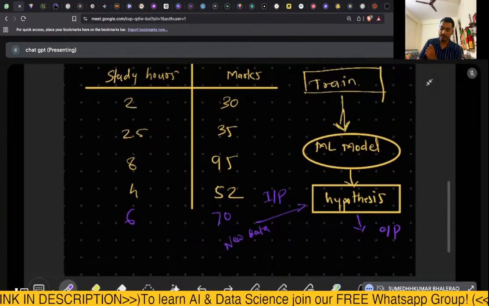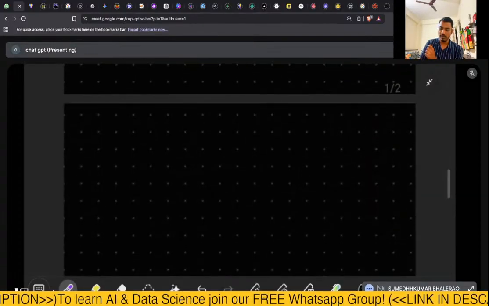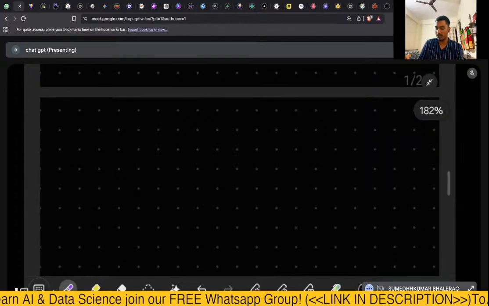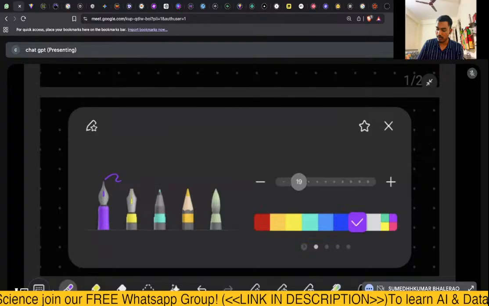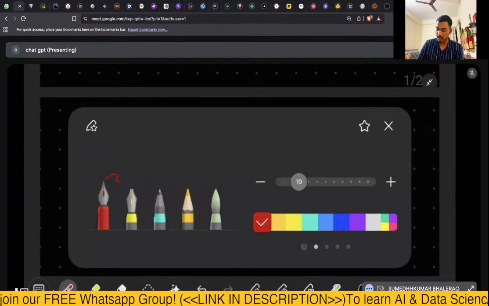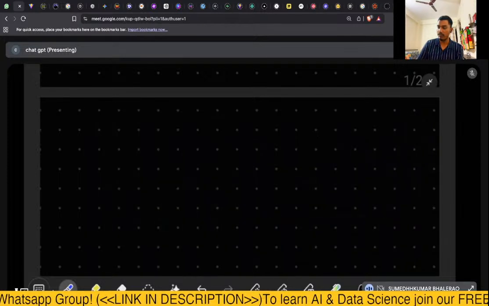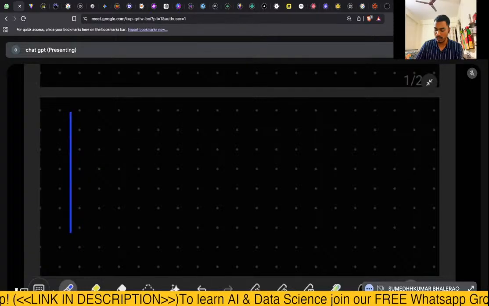So now where does linear regression come into the picture? Let's understand. For example, you have this y column and x column.